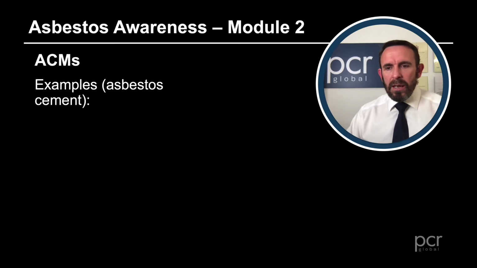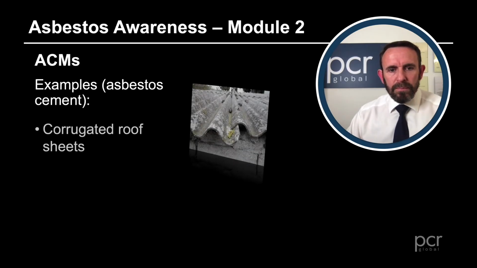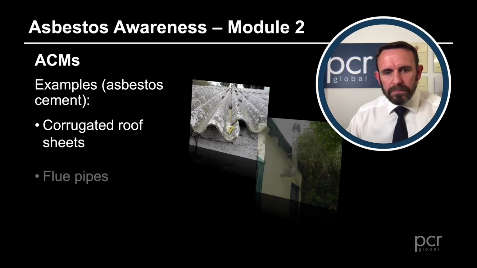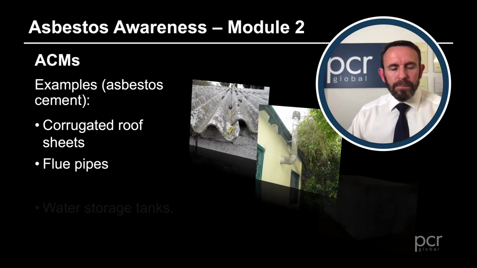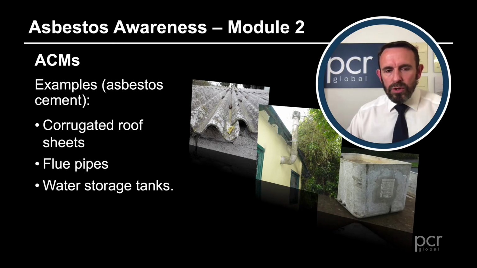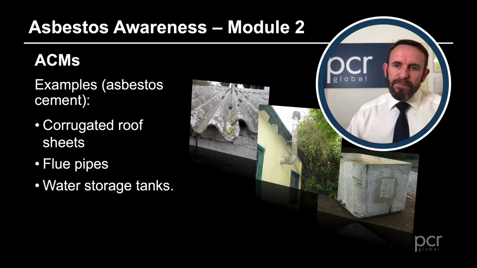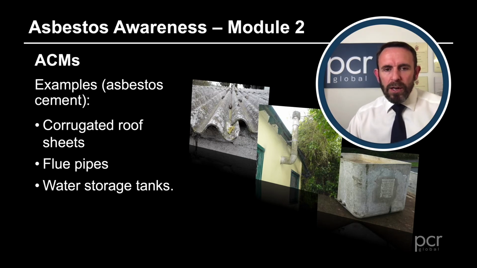On to examples of asbestos cements used in corrugated roof sheets, flue pipes, and in water storage tanks. As you can imagine, looking at those corrugated roof sheets compared to the pipe lagging or to the loose fill insulation, they're obviously quite solid and they're not as friable, so we tend to look for the friability.